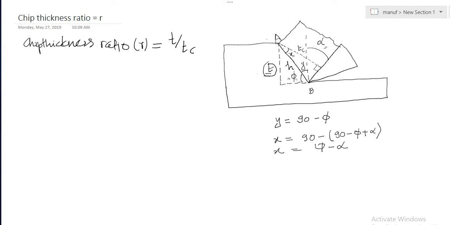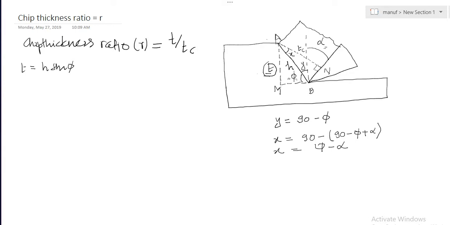So this is the triangle we have, AMB, and another triangle. We can write this t in terms of h. This is the shear plane. So I can write t equal to h sin phi.